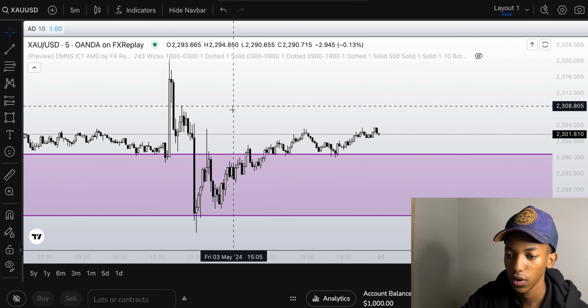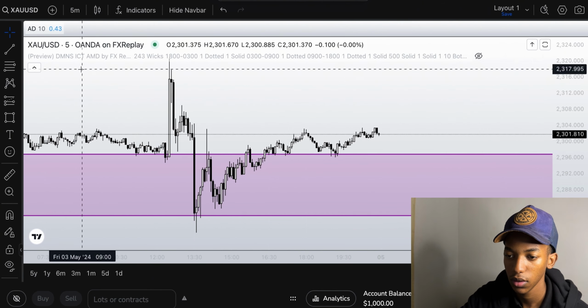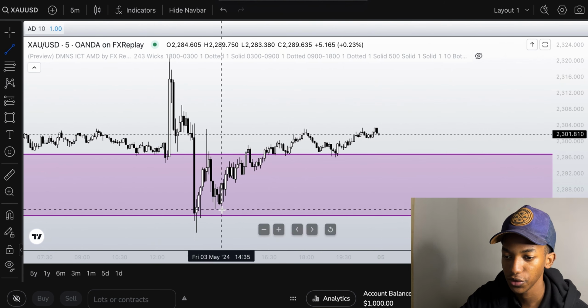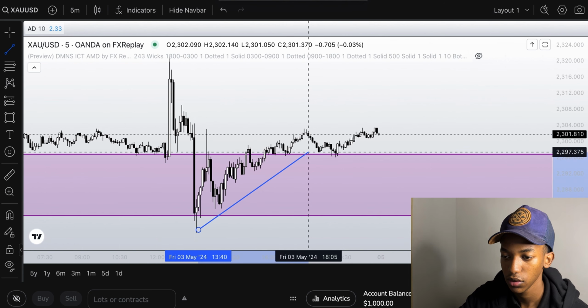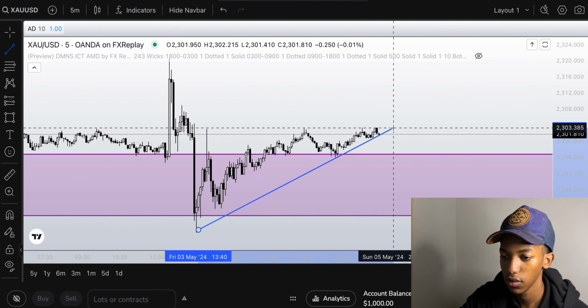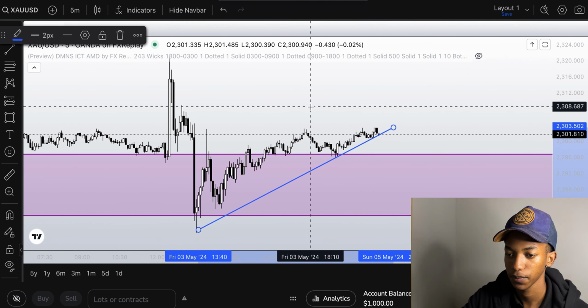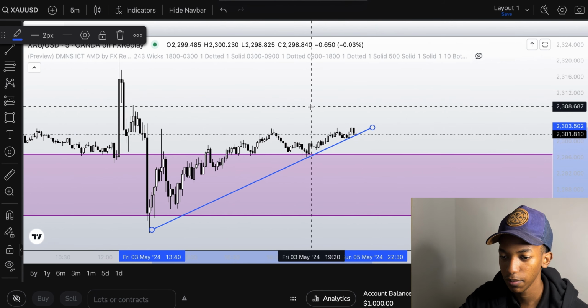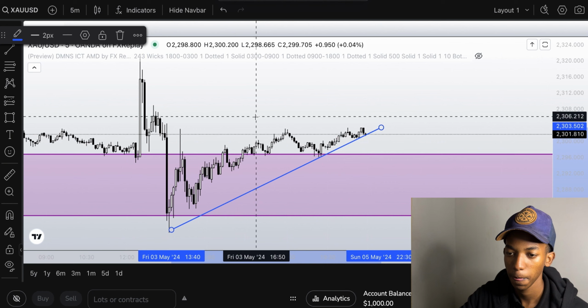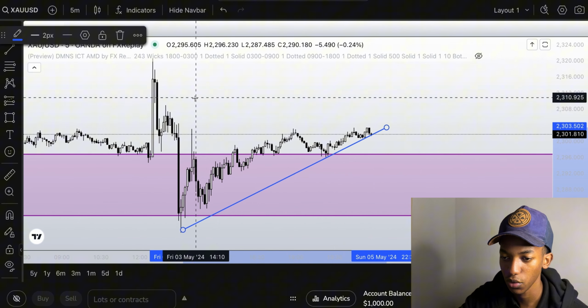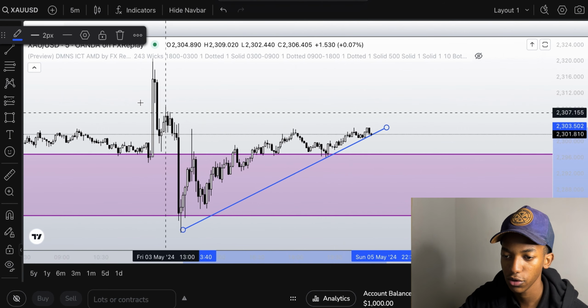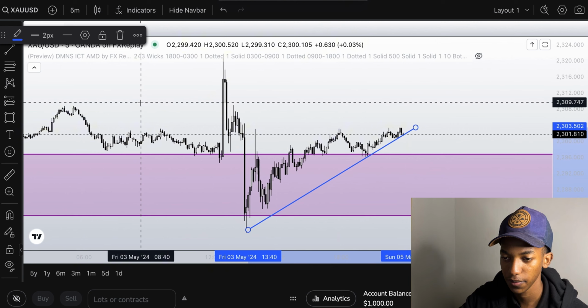You can see we have what we call an uptrend here. So we could draw a trend line right here. And basically what we're looking for is very, very simple. Right now, the market is going through a range, and we've got two areas of liquidity right here.